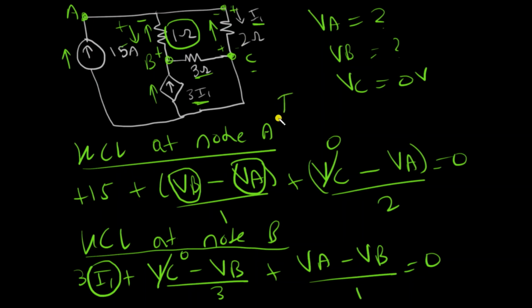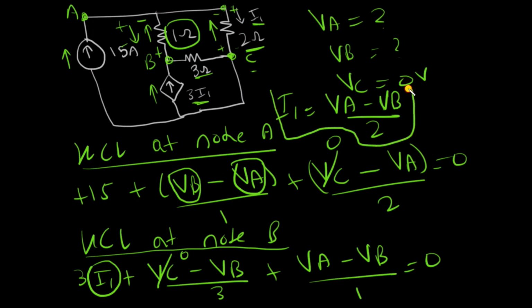So I can just say that I1 is equal to the voltage difference divided by the resistance it is passing through, which is 2. So I can write I1 as VA minus VB divided by 2, because as you can see, I1 is nothing but the current through the 2 ohm resistor coming from up. So that would be the positive terminal, that would be the negative terminal, and this would be the resistance. So this is how you can deal with dependent sources.